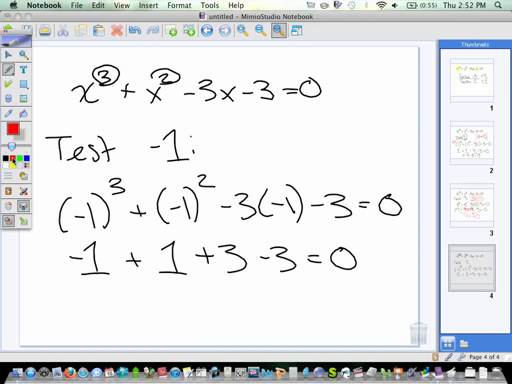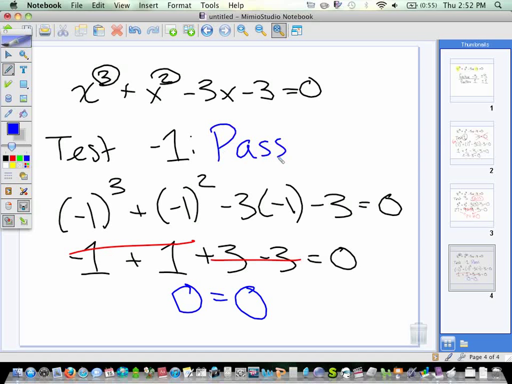And through the laws of mathematics, if we look at this, those cancel out, those cancel out. I get an answer of 0 equals 0. And luckily with mathematics, that means that we pass. In fact, -1 is an actual root of this function.